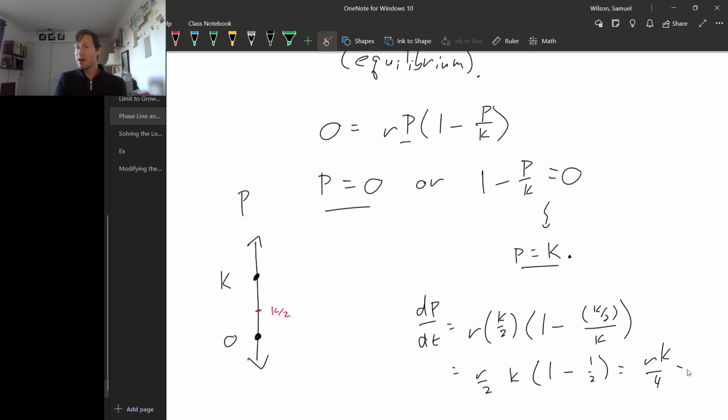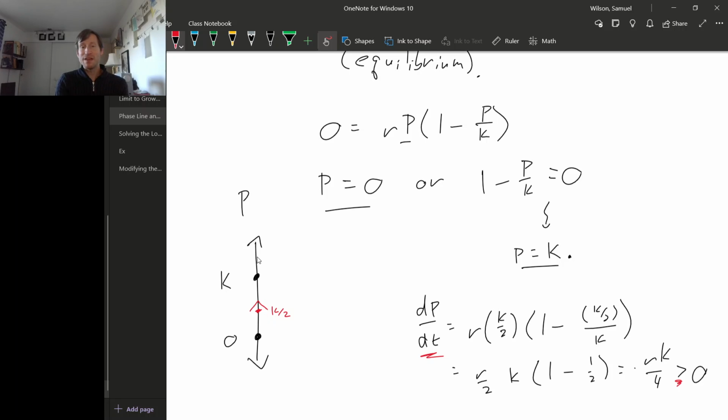And this is positive, right? R is a positive constant, k is a positive constant. So if we start out at k over 2, then the solution that we get will be increasing because its derivative is positive. And so I'll put an arrow like this pointing up, because if we start at k over 2, our solution increases.